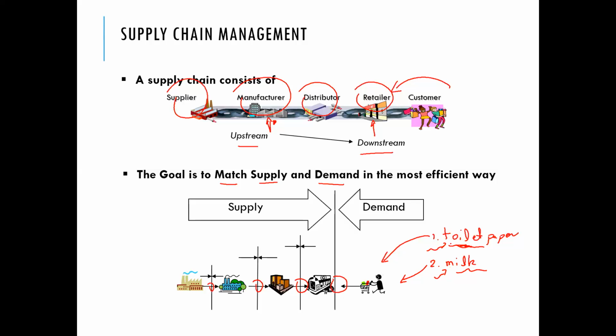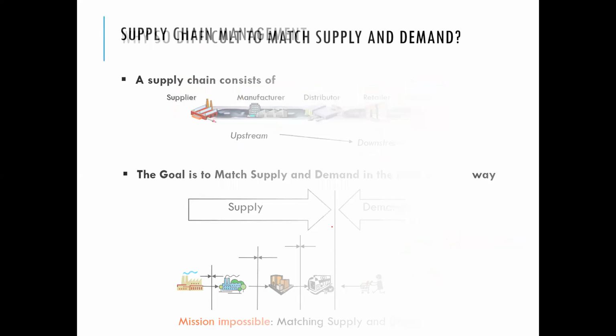The reason I gave these two examples is because it gives us an idea of how critical it is to manage your supply chain. As I said, the goal in the supply chain is to match supply and demand, but as we can clearly see from what's happening around us these days, it is not an easy task to match demand with supply all the time.